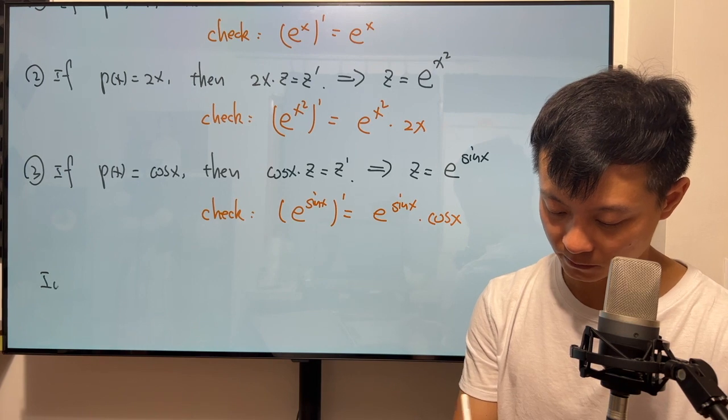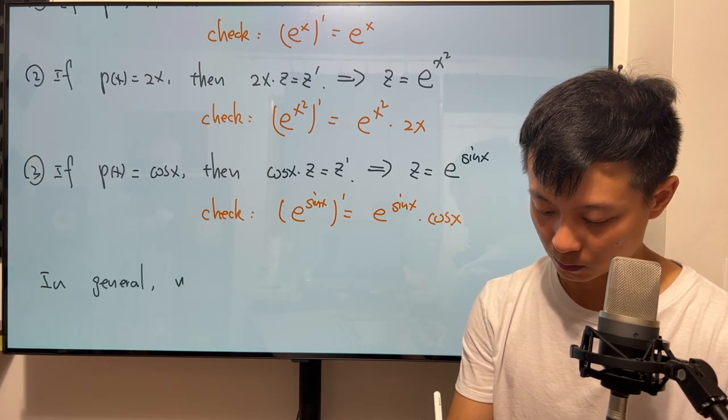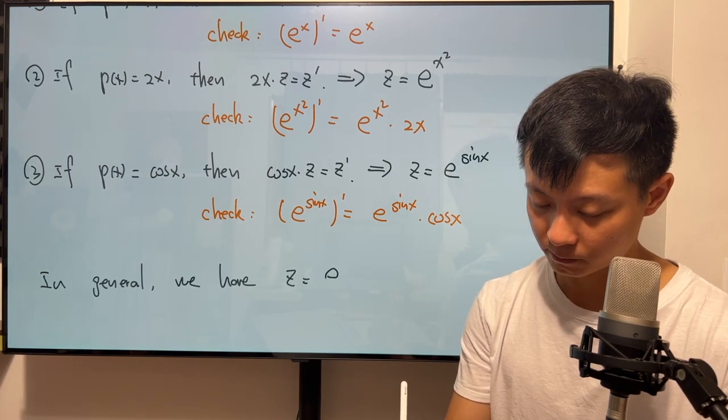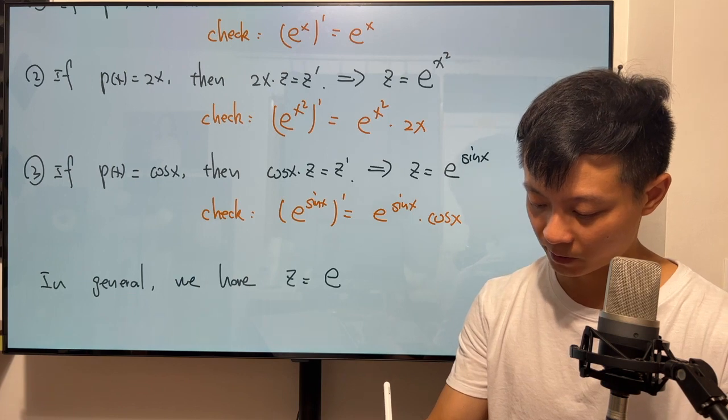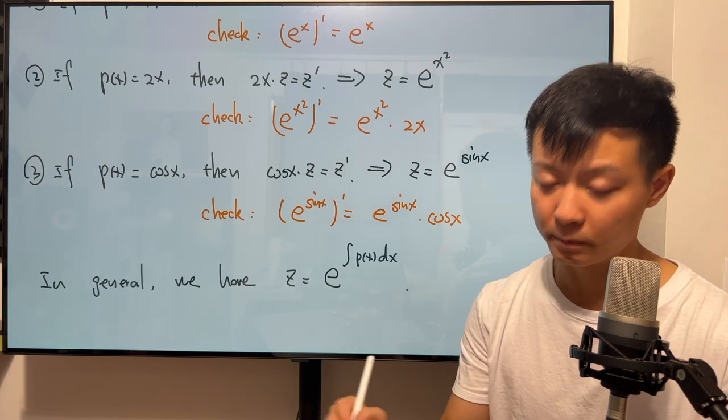So in a general case, we should have function z being e raised to the power, which is the antiderivative of p of x.